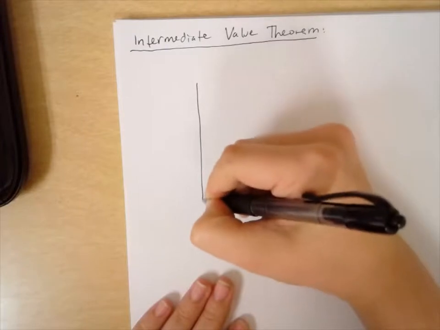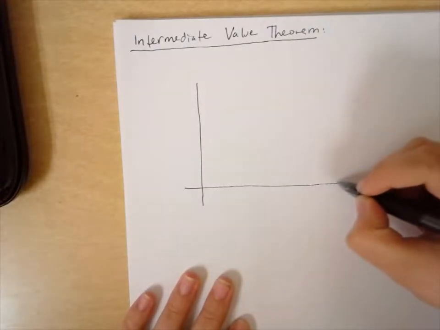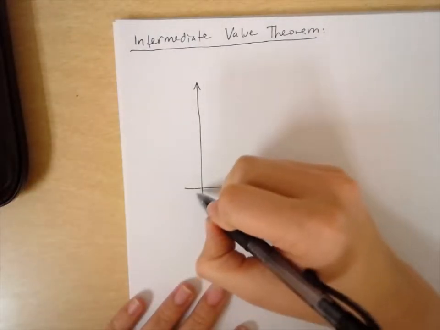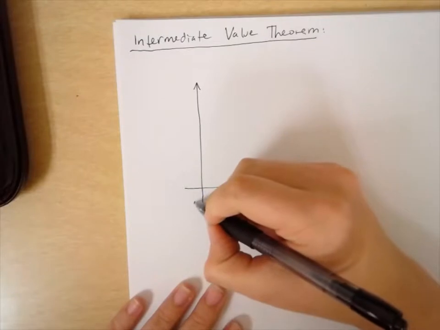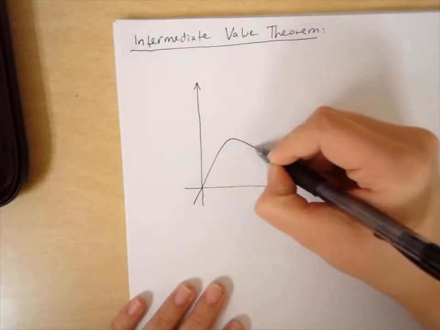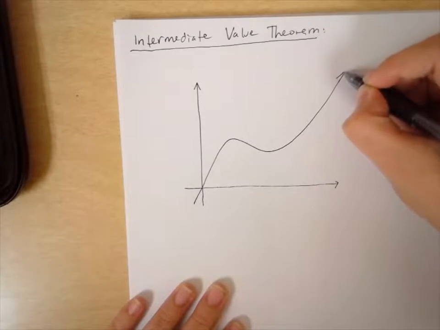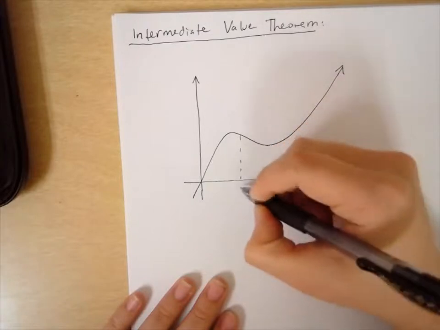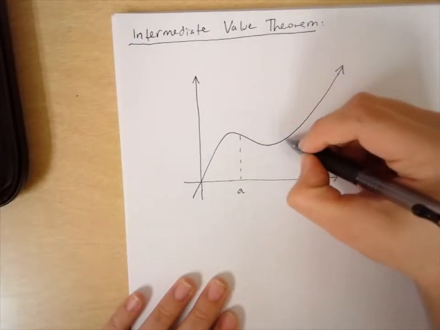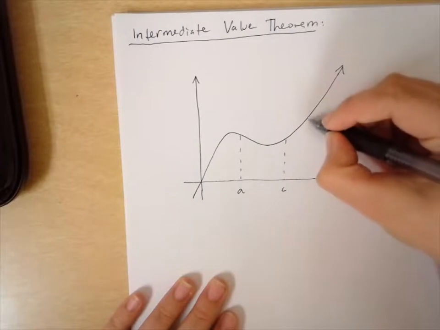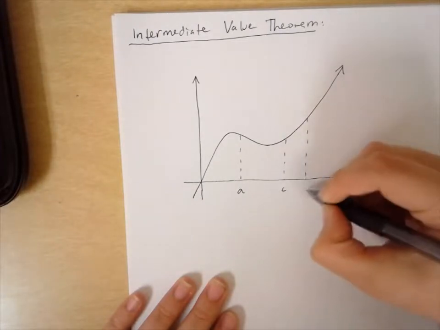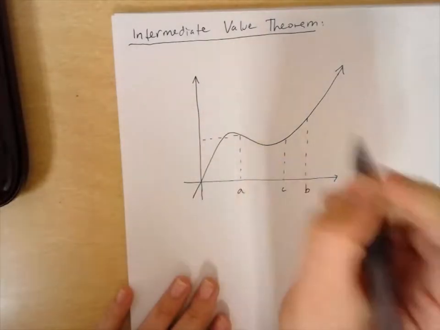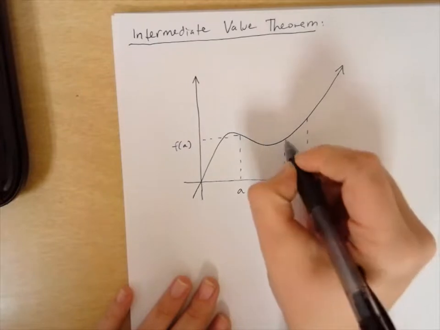So, for any polynomial, which is a continuous function like we talked about before, and therefore continuous, what we can say is that there's going to be some a value, some c value, and some b value. And that also means that there's going to be an f of a value.